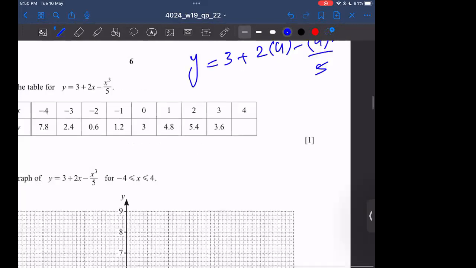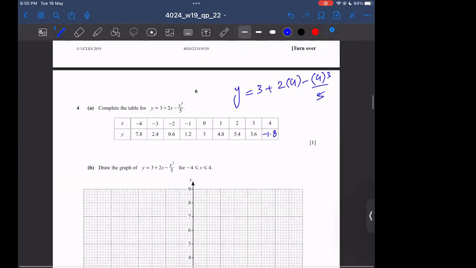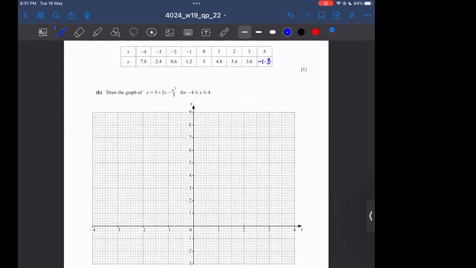Now you need to draw this graph, y equals to 3 plus 2x minus x cube upon 5. You have got all the values, and they've already drawn the table on the x-axis. One difference after every 5 value, 0.2.